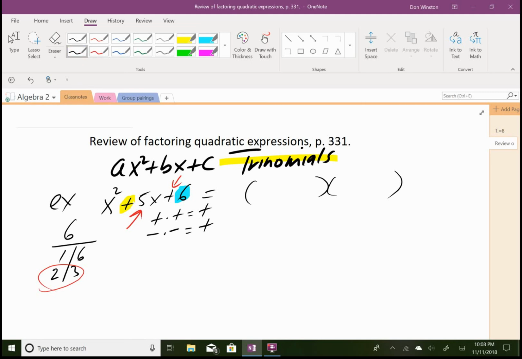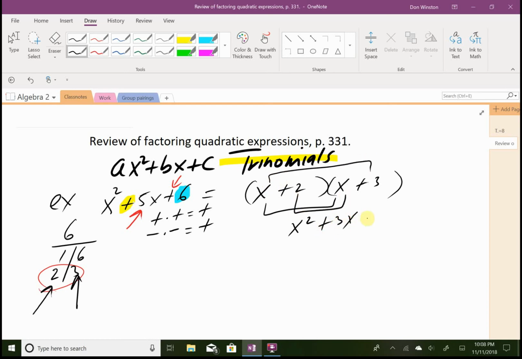Okay, so when I go to factor my trinomial, this x times x gives me the x squared, and then I have a positive 2 and then a positive 3. Okay, now we can complete foiling and check our work. X times x is x squared. So outside, x times 3 is 3x.